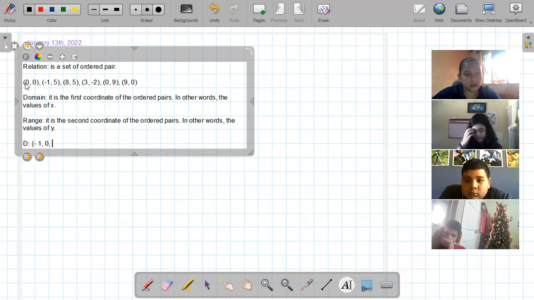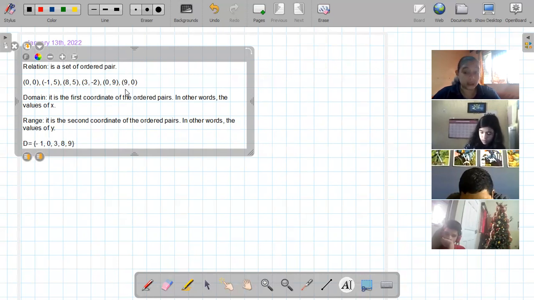Then we have 3, then we have the 8, and then the 9. And we close the braces, okay? That is the domain. D equals, D for domain, and you write all of the values of x that you have, but only once. If they're repeated, you only copy it once.